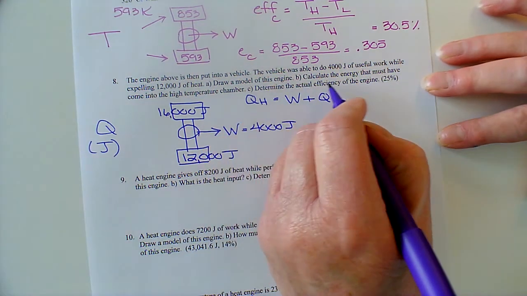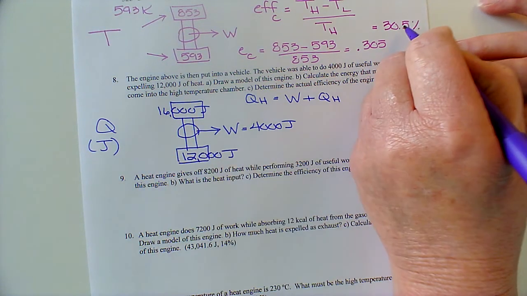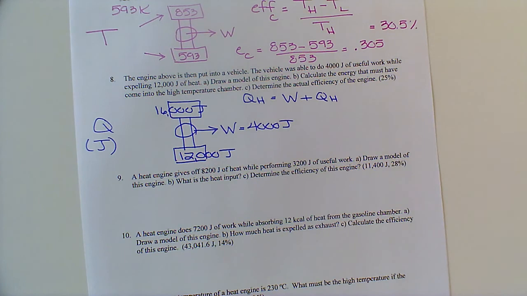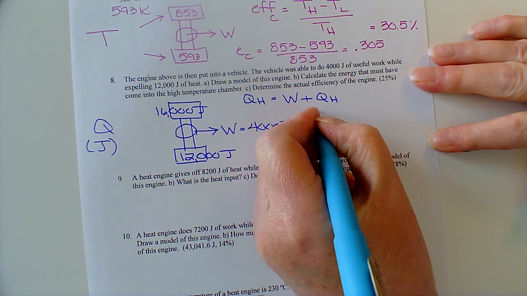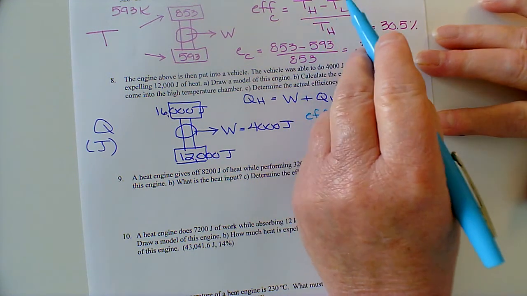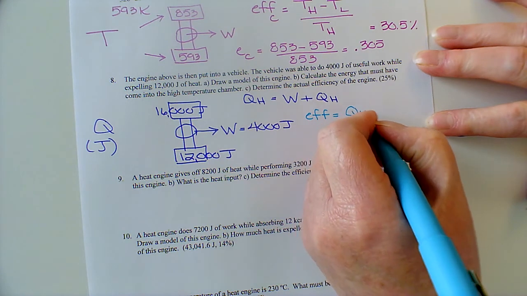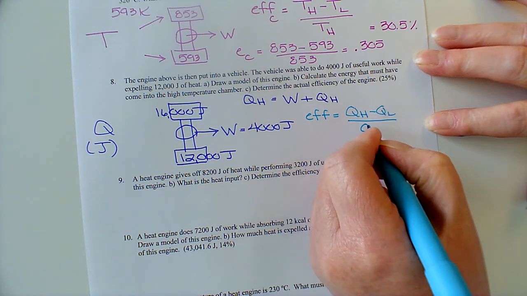All right, determine the actual efficiency then of the engine that has a maximum efficiency of this. So to determine the actual efficiency, I'll say efficiency this time, instead of focusing on the differences between the temperatures, it's going to be the differences in the Q values over Q high.